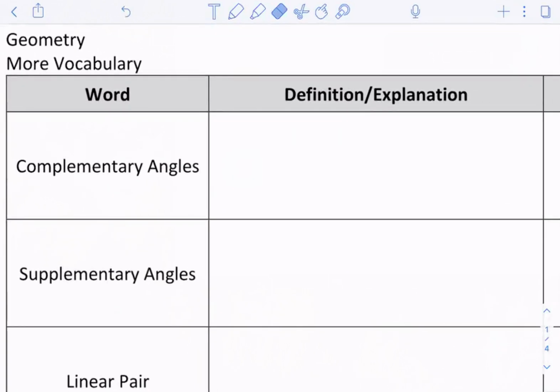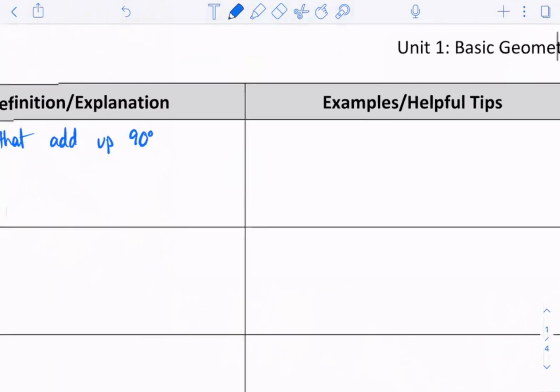If you remember what complementary angles are, they are angles that add up to 90 degrees. So what that means is that together these two angles can create a right angle. So here's an example. Let's just say we have an angle that's about 10 degrees.